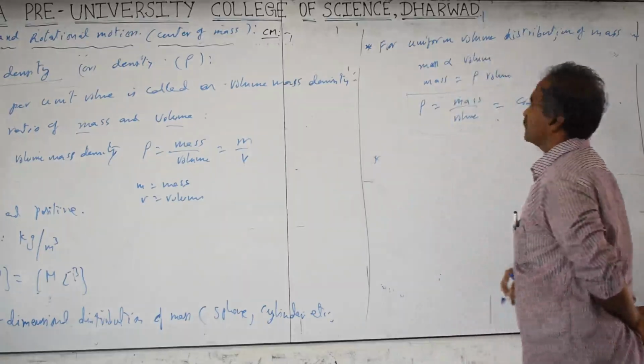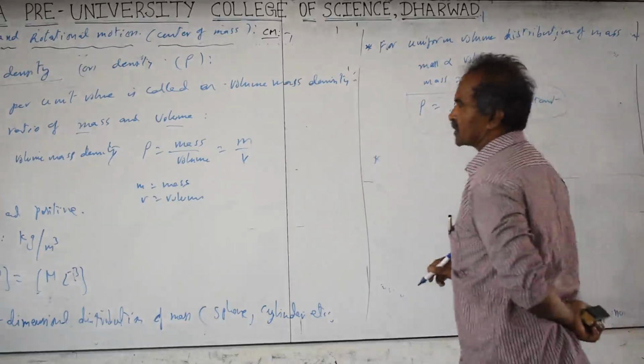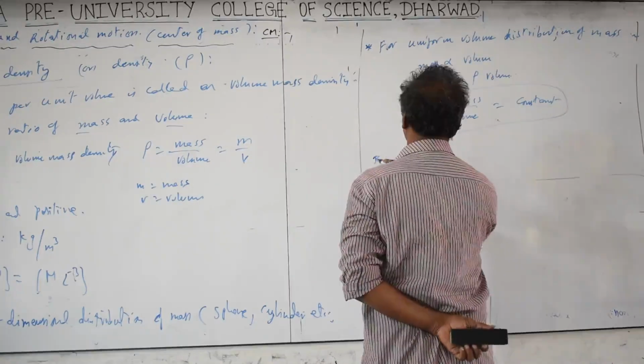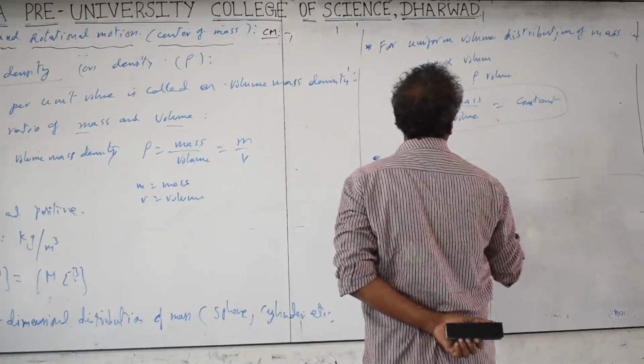If volume is halved, mass also becomes half, it means to say. Otherwise rho is not constant.